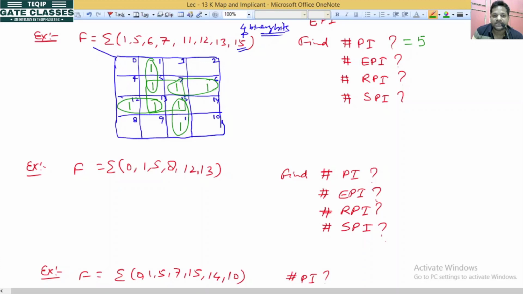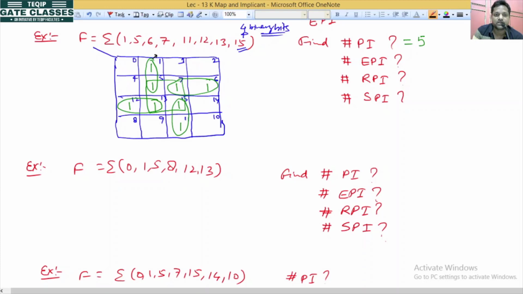Now how many EPIs are there? What is the definition of EPI? A PI in which at least one cell is not covered by another PI is called an EPI. So for this group, is it EPI or not?